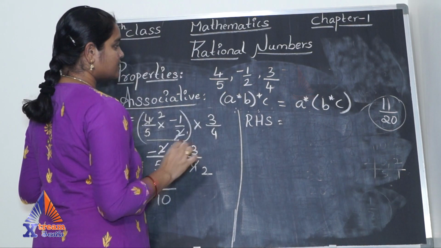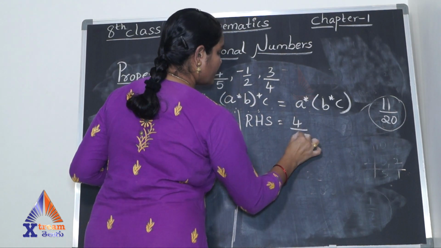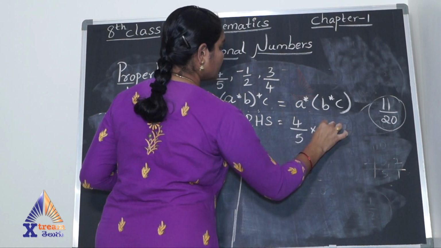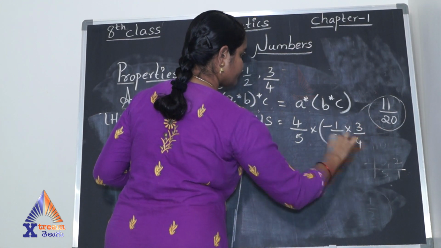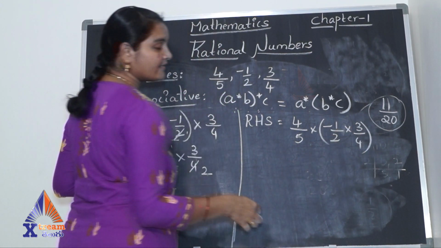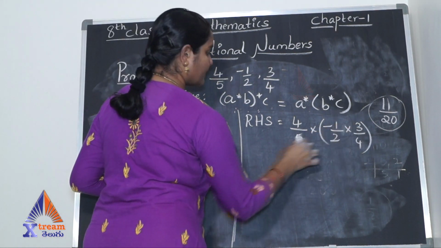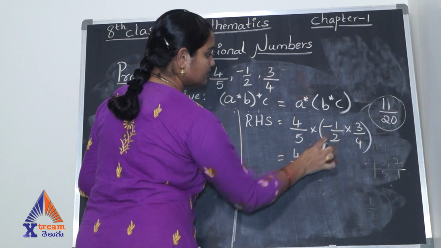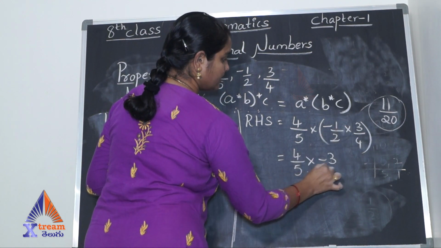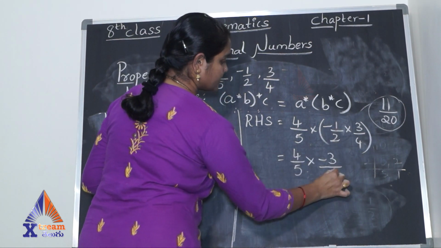Now we'll check the RHS, where we get 4 by 5 into minus 1 by 2 into 3 by 4. So in this case, we don't have any cancellations, so we directly multiply the fractions. 4 by 5 into minus 1 into 3, minus 3 by 2 4's 8.